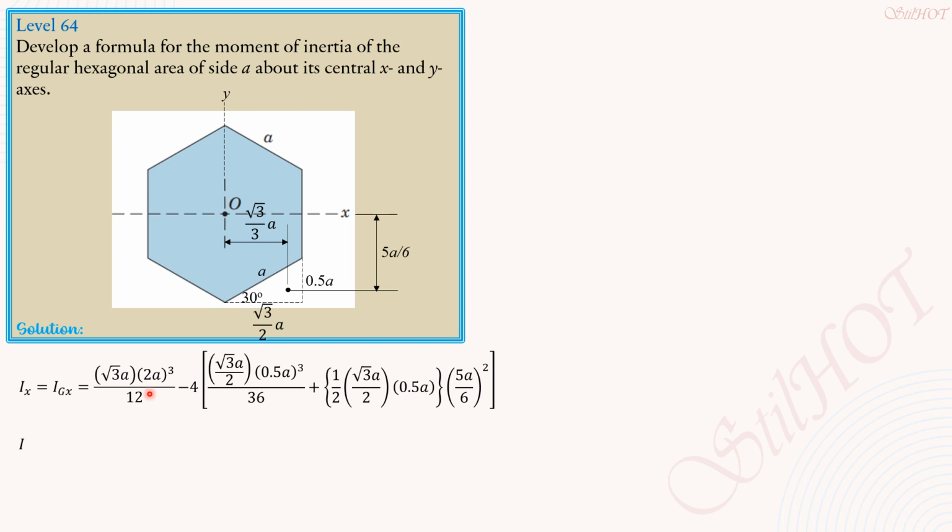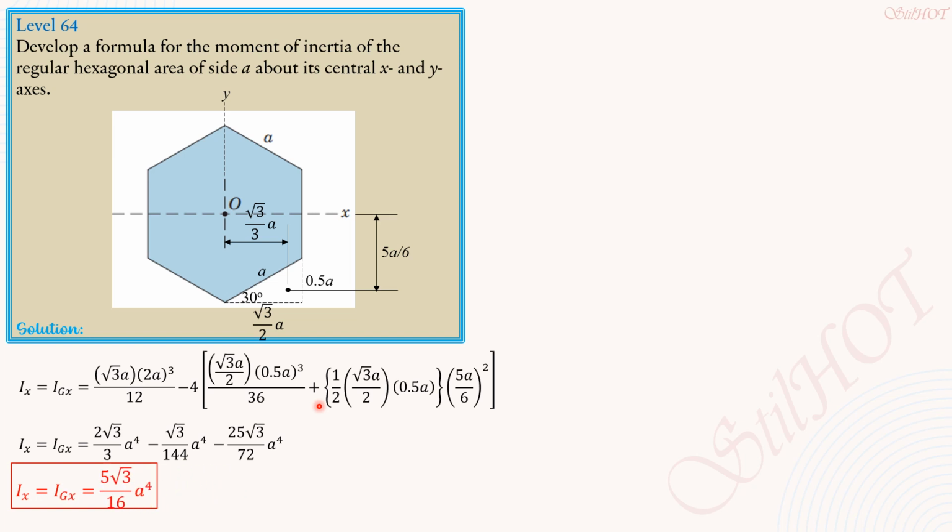Then let's compute individually. Ix, for the first term, is 2 square root of 3 over 3 a to the fourth, minus 4 times this term, square root of 3 over 144 a to the fourth, and minus 4 times this quantity, 25 square root of 3 over 72 a to the fourth. Combining, Ix equals Igx equals 5 square root of 3 over 16 a to the fourth.